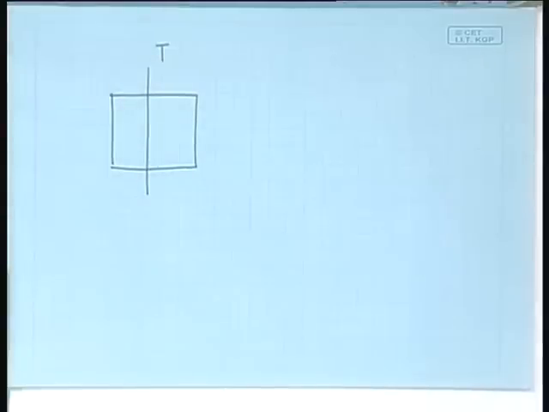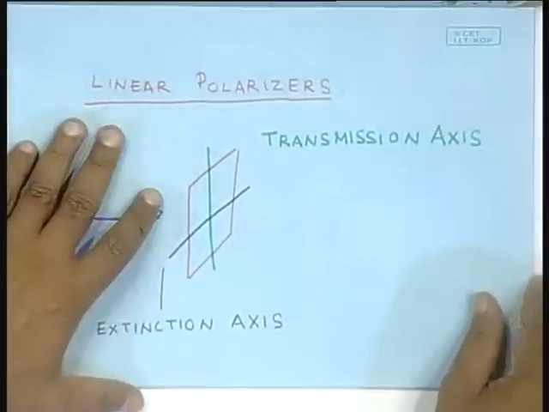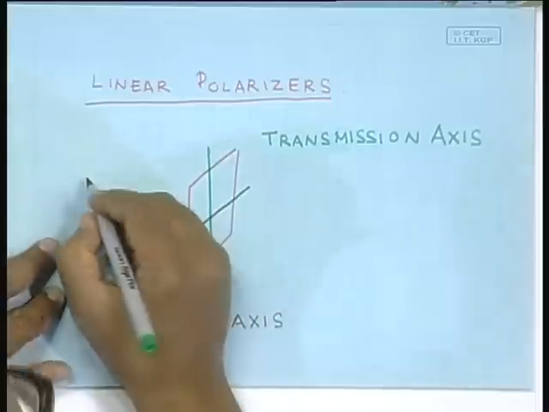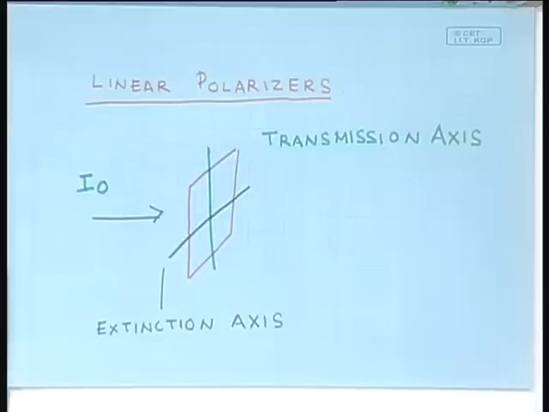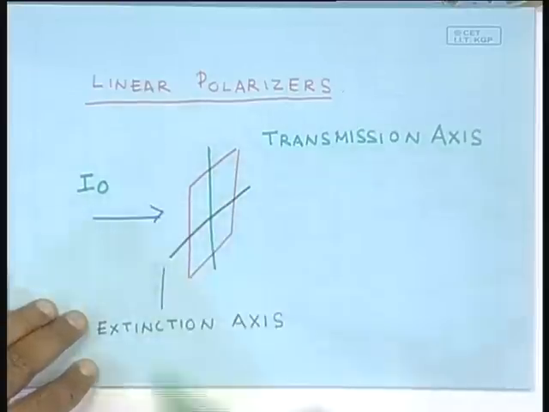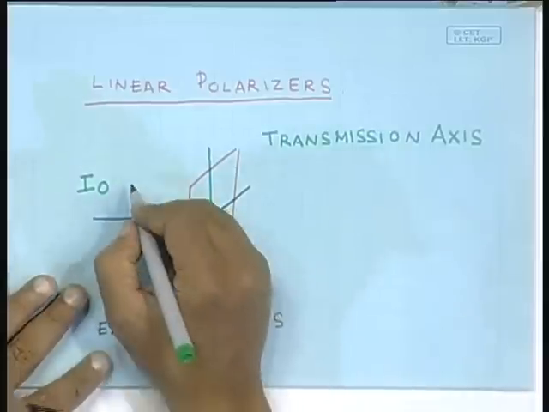natural light, the intensity of the natural light which is incident on this, let us say, is I naught. We know that if the intensity is I naught, then the amplitude of the electric field should be E naught.